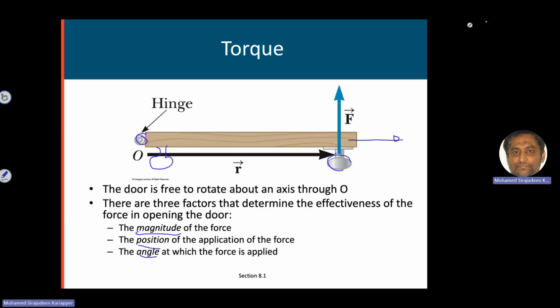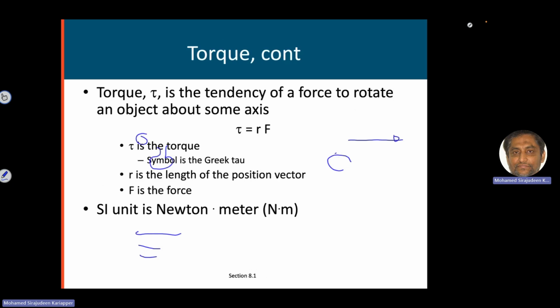Will it ever open? No, right? Why? There is no perpendicular component. The perpendicular component is 0. F sine theta, theta is equal to 0, and sine 0 is 0. F sine theta is 0. So nothing. We need a perpendicular component. Without the perpendicular component, it is not going to turn.